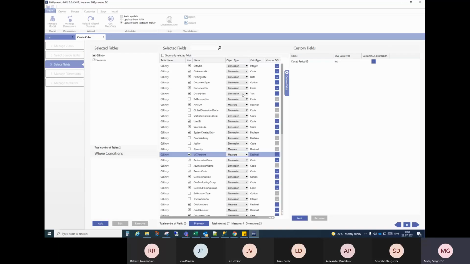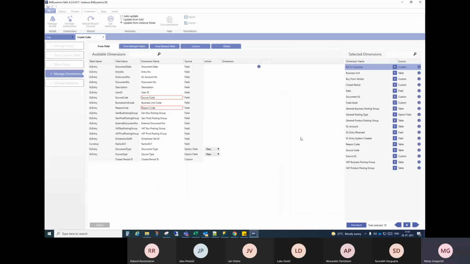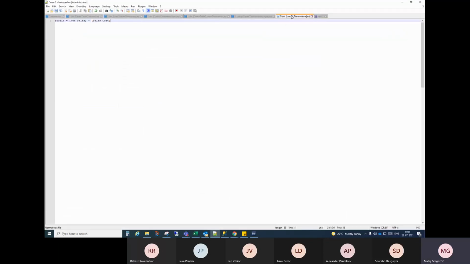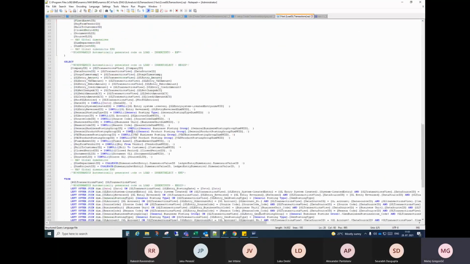Going next, you select the fields, the potential dimensions and potential measures. Going next, you will select all the dimensions that need to be attached to this fact. Again, if we look at the script, those are the dimensions attached.